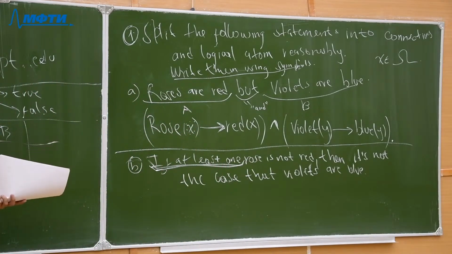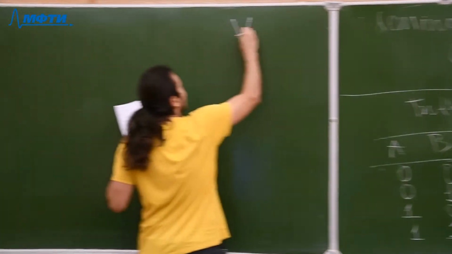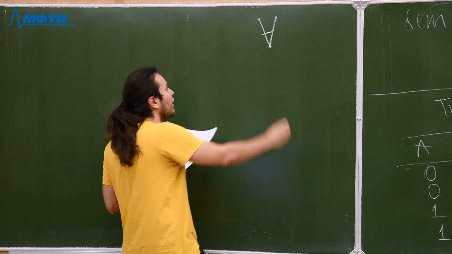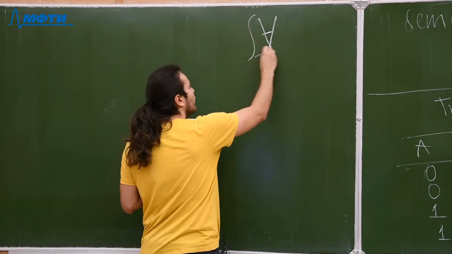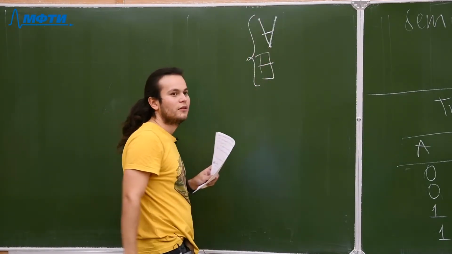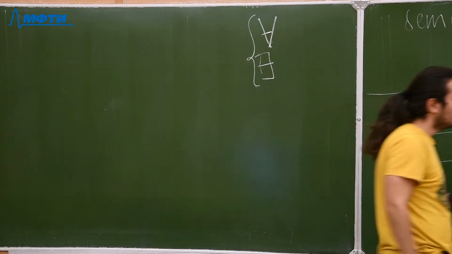The quantifiers. Did you study the quantifiers yesterday? I think you did not. You didn't have time. But okay, we have two main quantifiers, for all and exists. Okay? You know this.